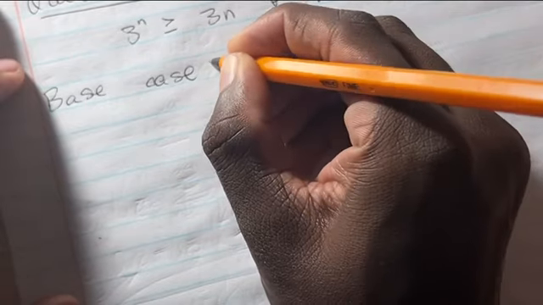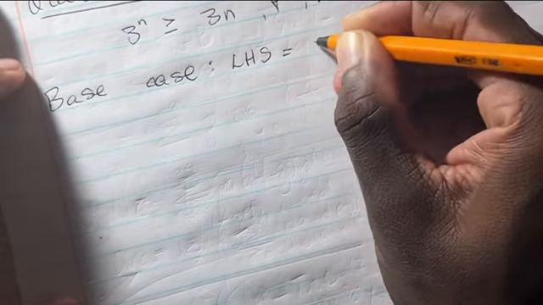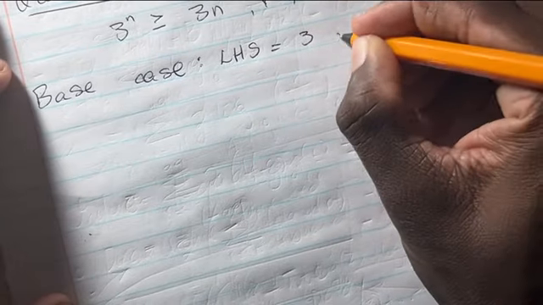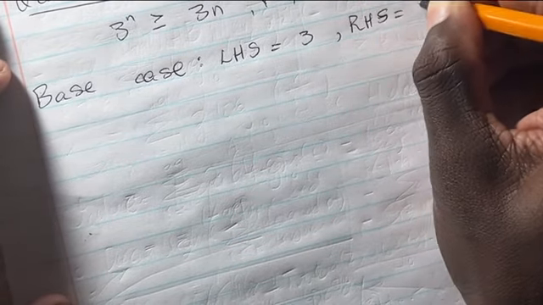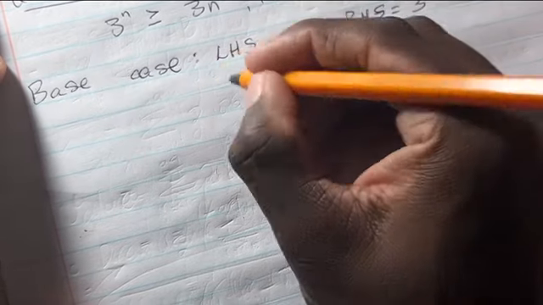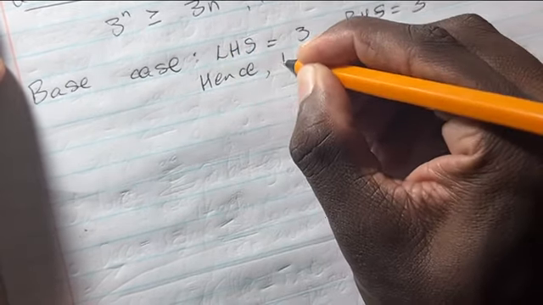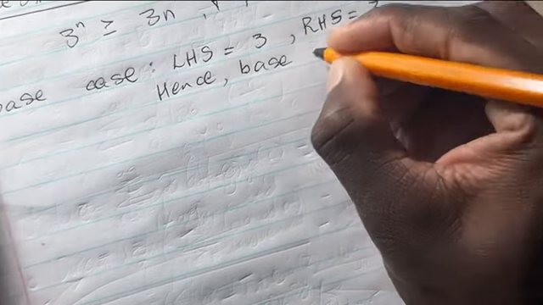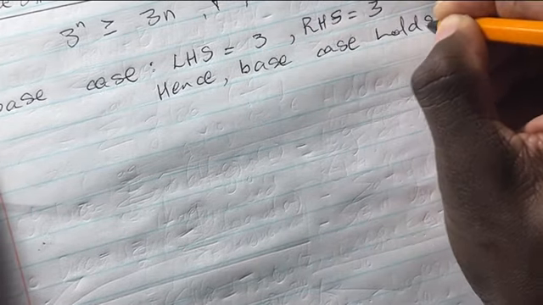N is 1. So the left-hand side becomes a 3, and the right-hand side becomes a 3. Hence, the base case holds, right?